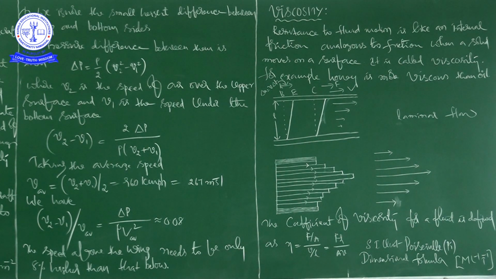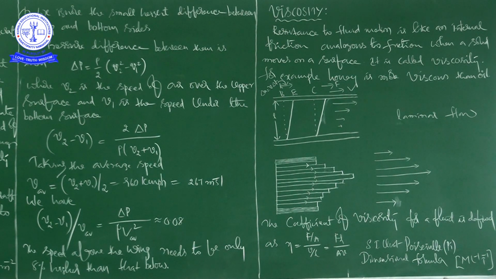The fluid in contact with the surface has the same velocity as that of the surface. Whatever the plate's velocity is, the fluid layer in contact with it has the same.